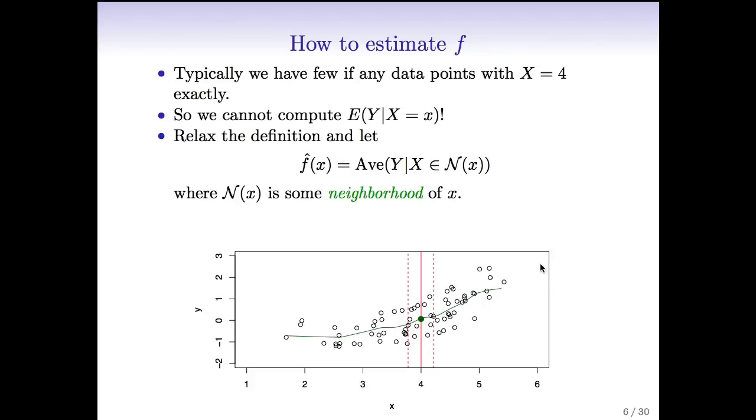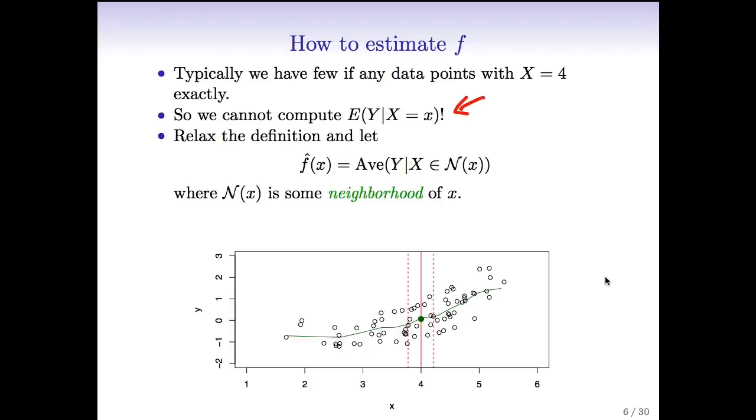In the figure, we've got a much smaller data set now, and we've still got the point x equals 4. If you look there, you'll see carefully that the solid green point is one point I put on the plot. There's actually no data points whose x value is exactly 4. So how can we compute the conditional expectation or average?